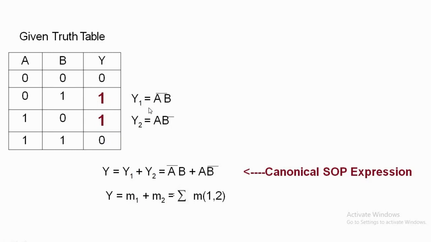So for the second row, the equation is A bar and B, because here 0 represents A bar and 1 represents B. Now for the third row, 1 represents A and 0 represents B bar. So these two product terms we have to sum together, Y1 plus Y2. That means A bar B plus A B bar. And this we can write as m1 plus m2, which is equal to summation of m into bracket 1, 2. In this way we can write SOP form from a truth table.